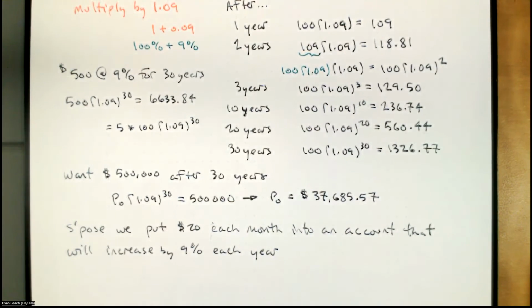We're still going to have the nominal 9% each year. We need a way to approximate what's going on with this 9% each year, so I'm just going to divide that by 12, since we're doing this monthly.